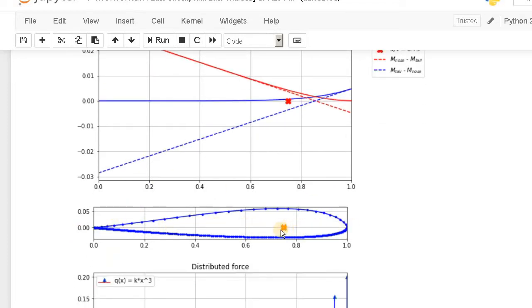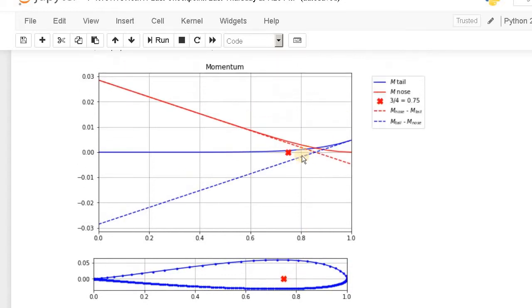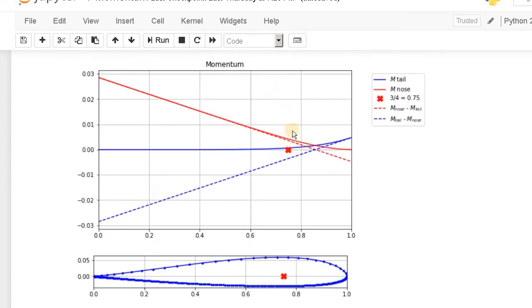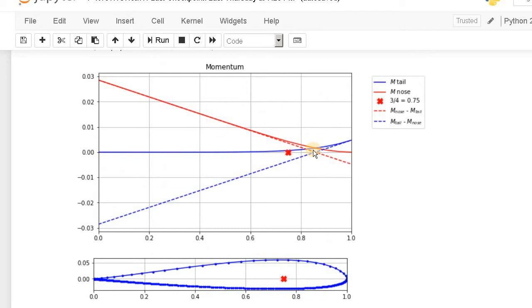This point is 1 quarter of the chord taken from the nose. By convention, this is the point at which the momentum is calculated. In this case I have the cubic distribution. If you look at the graph, I have the equilibrium point close to the nose. Not at this point, but somewhere there.